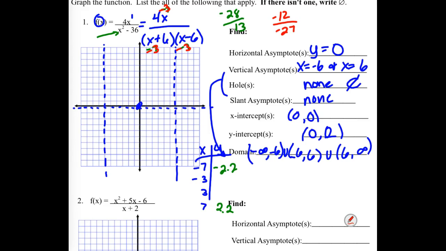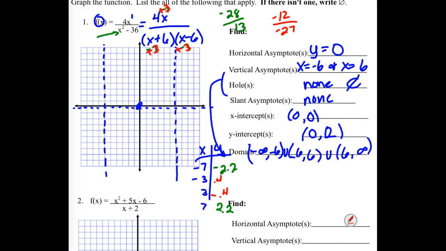What do we get? Positive what? What's 12/27 as a decimal? Okay, so positive 0.4. And then if we put in the +3, what do we get? We get 12 divided by -27. Yes? So we're going to get a -0.4.